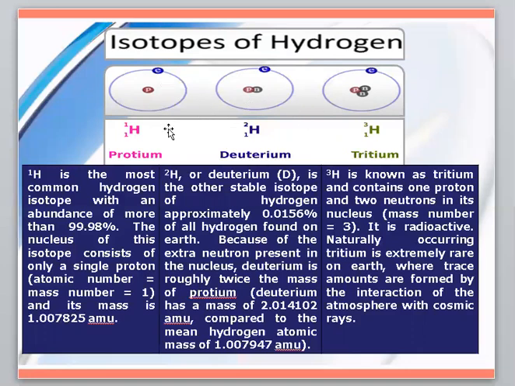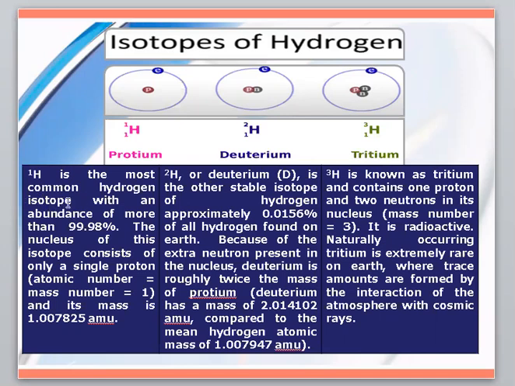The differences are that all the isotopes have a different number of neutrons. Protium does not have any neutron, deuterium has one neutron, and tritium has two neutrons, and they have different mass numbers. Protium is also known as hydrogen 1, deuterium as hydrogen 2, and tritium as hydrogen 3.